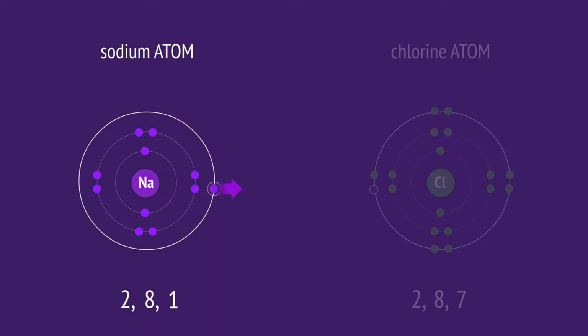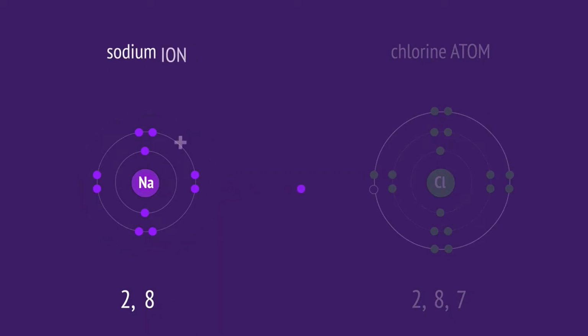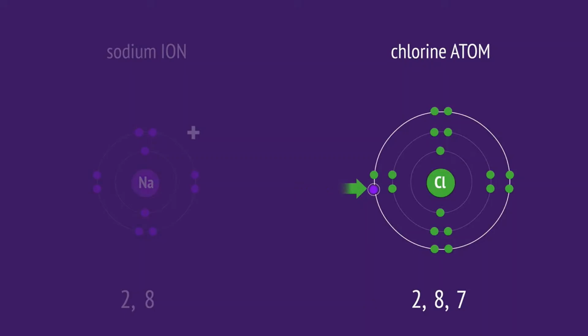Sodium achieves this by giving up its outer electron. In doing so, it forms a sodium ion with a 1+ charge, since it now has 1 more proton than it has electrons. Chlorine takes the electron from sodium to complete its outer shell, resulting in a chloride ion with a 1- charge, since it now has 1 more electron than it has protons.